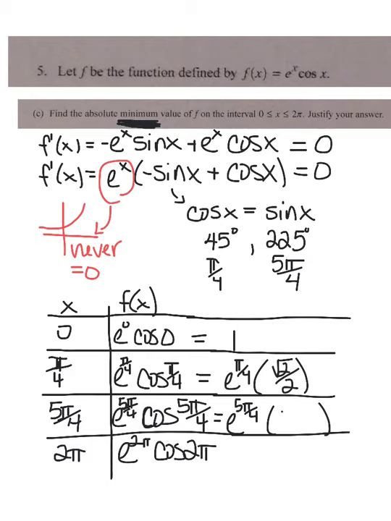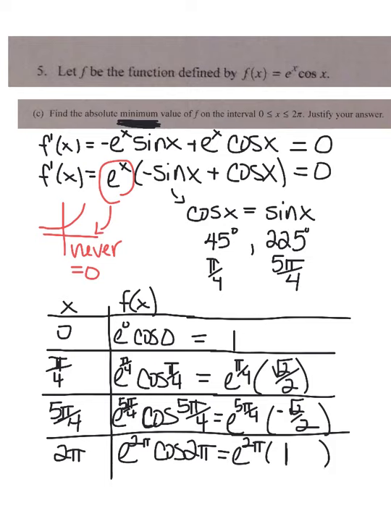So this is going to be negative radical 2 over 2. And lastly, e to the 2 pi times the cosine of 2 pi, and the cosine of 2 pi is equivalent to the cosine of 0, which is 1.